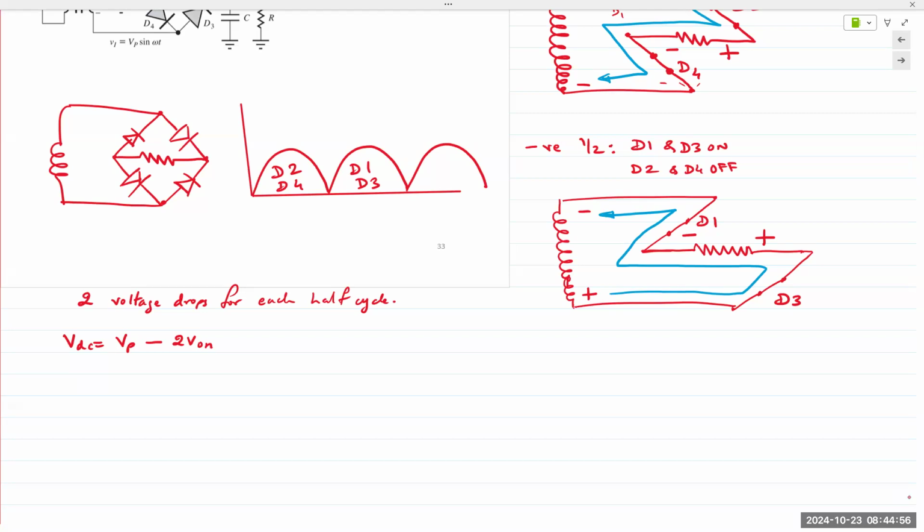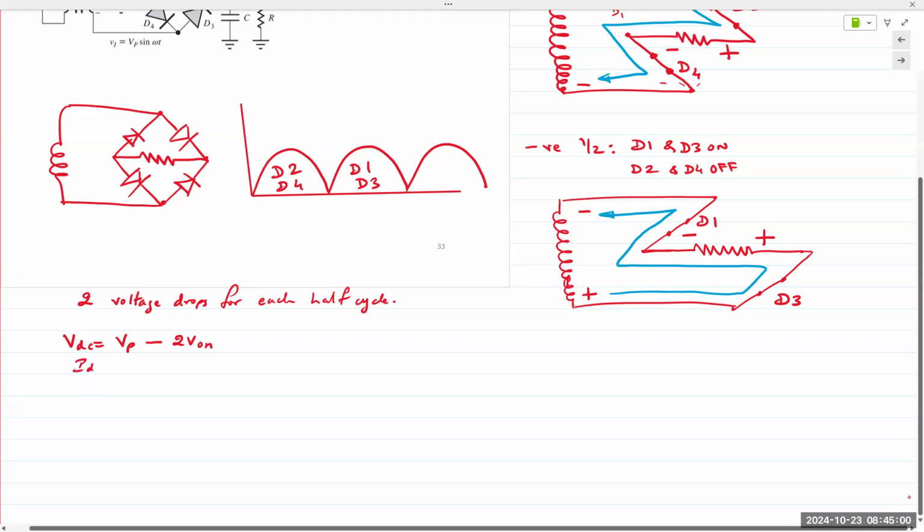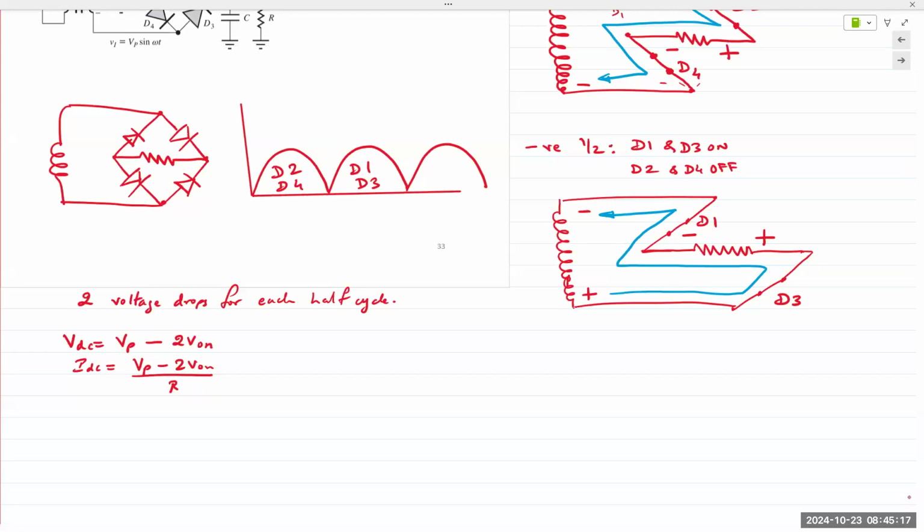Okay. Correspondingly, IDC, of course, is also VP minus 2V on divided by R. Okay. The other equations remain the same.